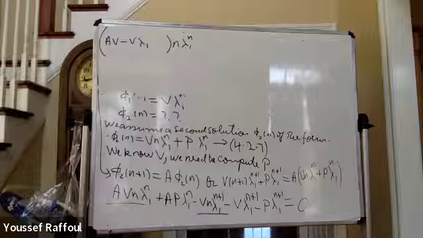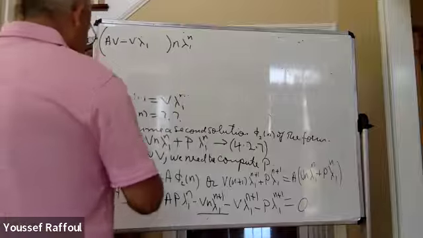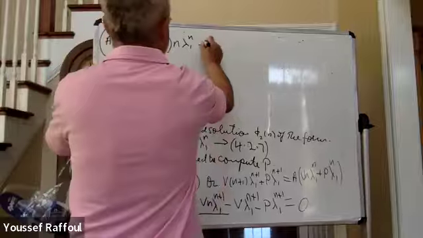All right. Now what is left? Lambda 1 to the n.